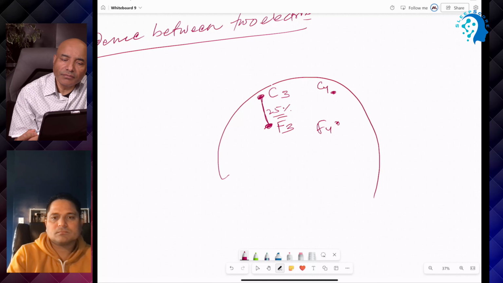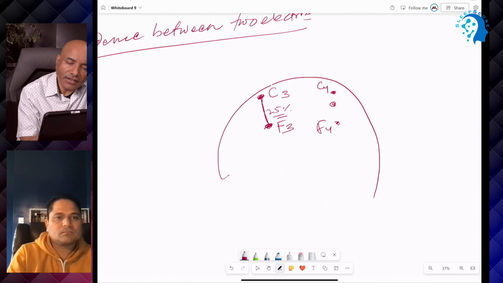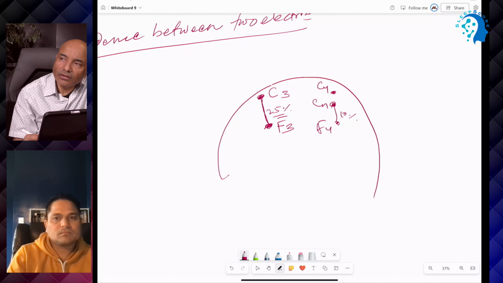Suppose somebody measured it wrong, and instead of here, C3 is here, C4 is here, and this distance is only 10%. Okay, and he placed one electrode here, one electrode here.